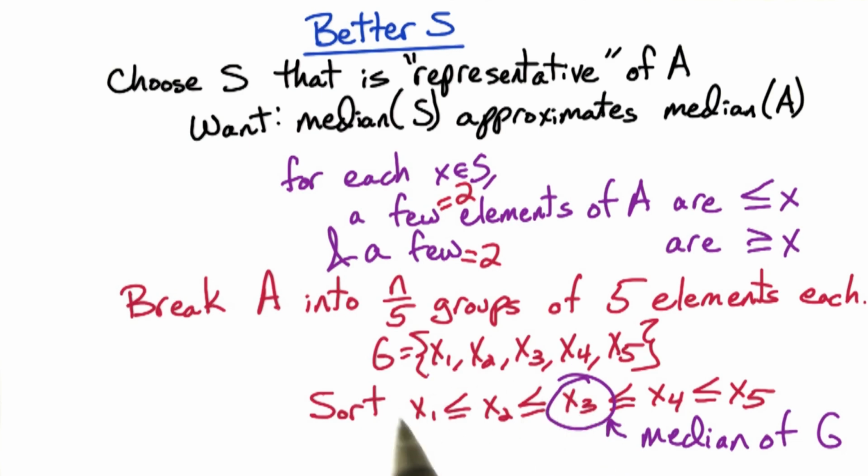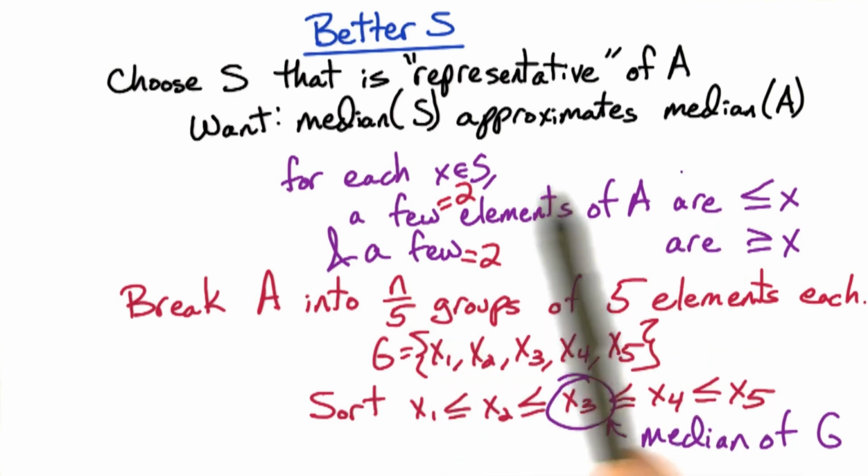At least 3 elements of G are at most x3, including x3 itself, and at least 3 elements, including x3 again, are at least x3. So if we take the median of each of these groups, then that gives us n over 5 elements, and each of those chosen elements in the subset S represents a distinct group of 5 elements.